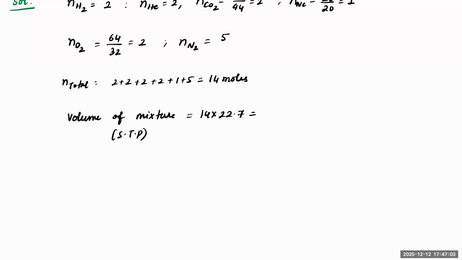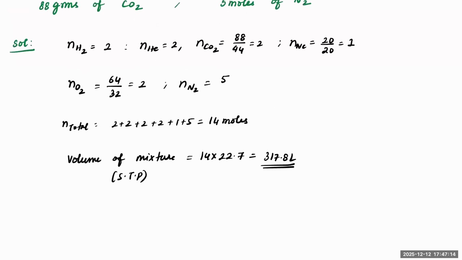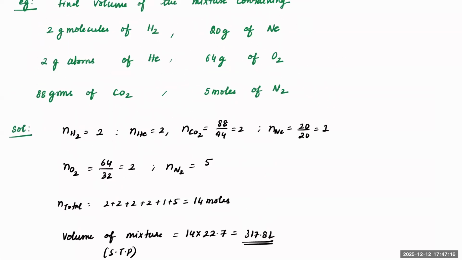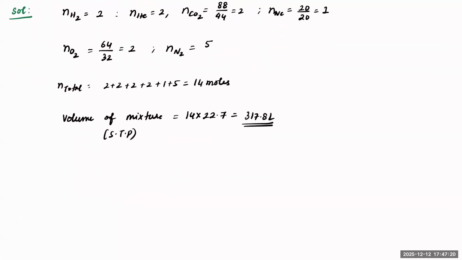So 14 cross this will come to 317.8 liters. This much is the volume that has been occupied. Okay, beta. So based on the question, you need to figure out accordingly what kind of volume you need to use. Sometimes if the volume itself is mentioned, you know what is the number of moles it is carrying.